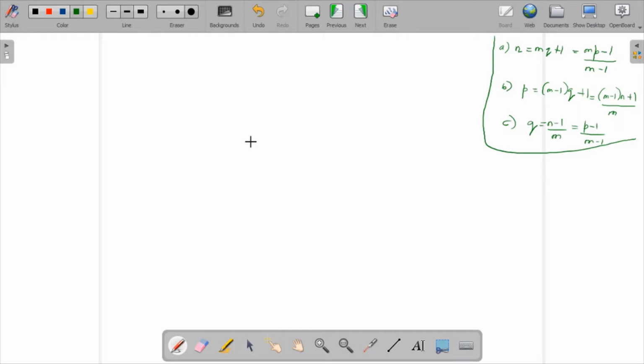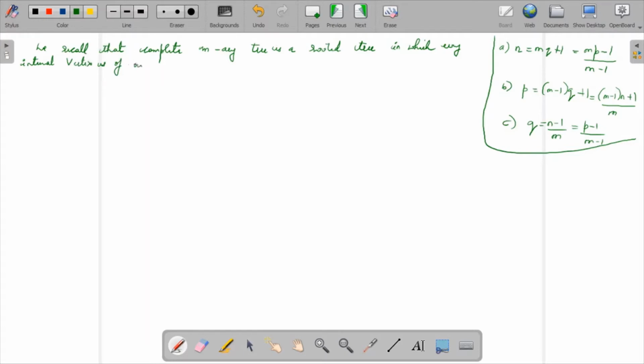So just write over here, we recall that a complete M-array tree is a rooted tree in which every internal vertex is of out degree m. Because we know that it is an M-array tree, you should have out degree m.